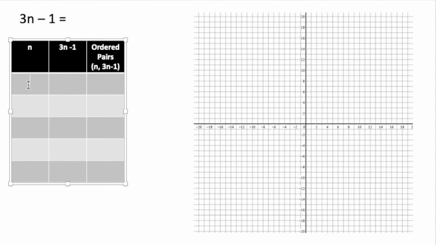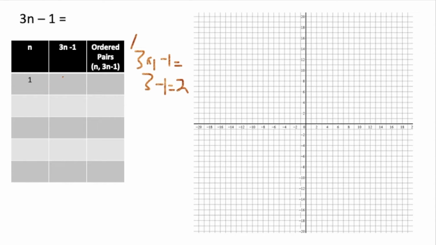So I'm going to substitute, I'm going to say n is equal to 1. When n is equal to 1 and I solve that, 3 times 1 minus 1 equals, right? So this is 3 minus 1, and it's going to be equal to 2. So my answer here is going to be 2.